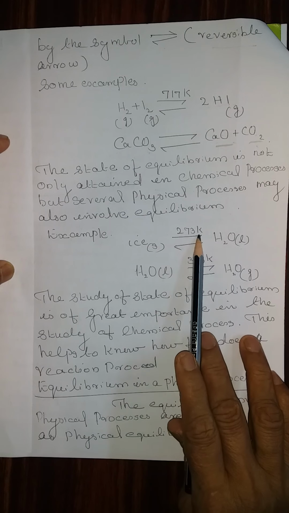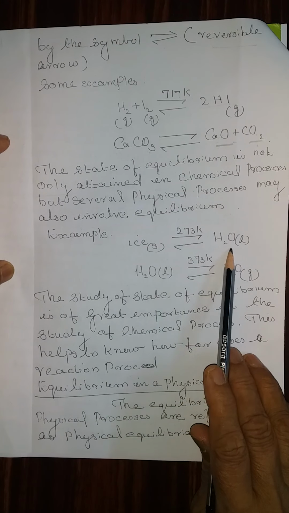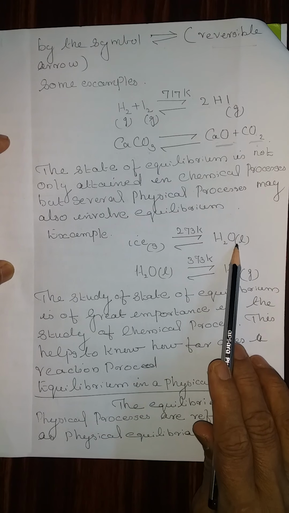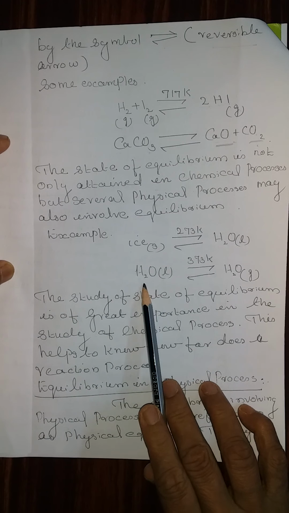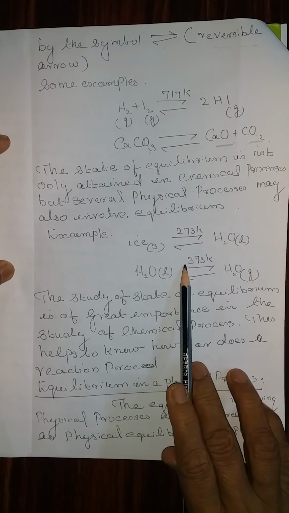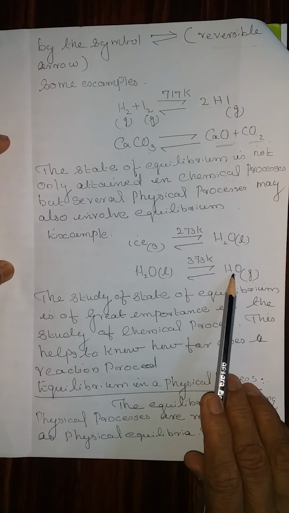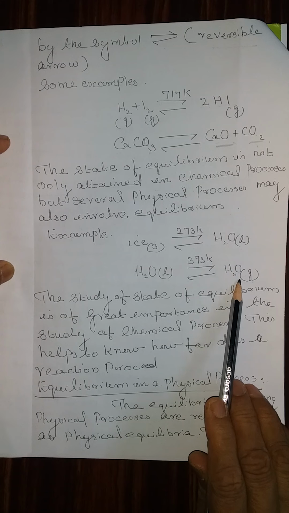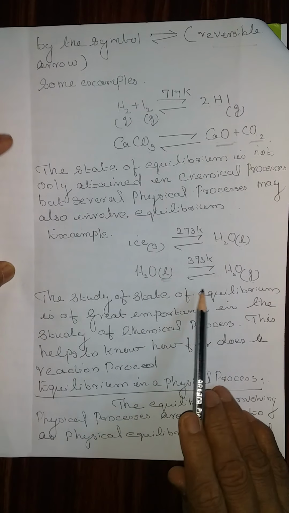That means at 273 Kelvin, ice is getting converted into water at the same temperature. The water can be converted into ice also. Then water in the liquid form gets converted into steam at 373 Kelvin. That means at 373 Kelvin, the steam can also be converted into the liquid form.